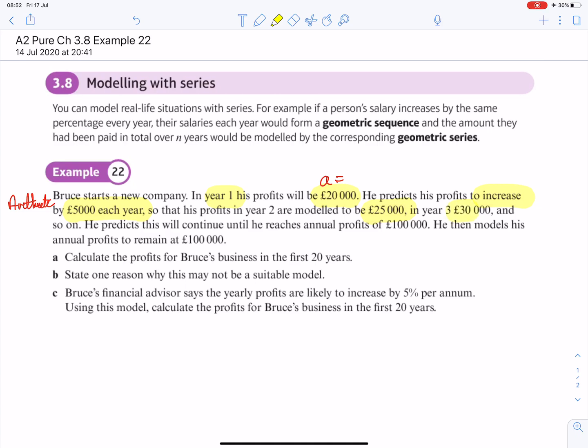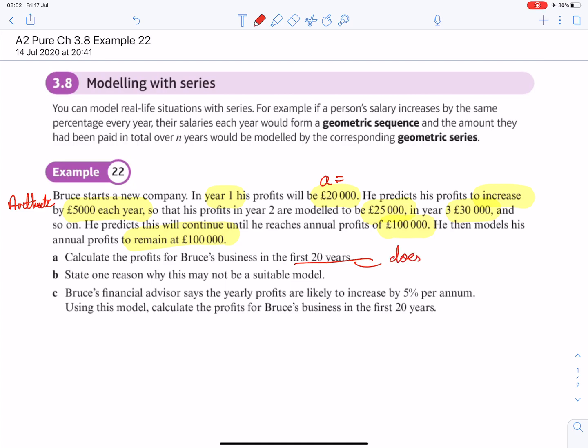In year three, 30,000, another 5,000 in the third year, and so on. He predicts this will continue and he reaches an annual profit of £100,000. He then models his annual profits to remain the same at £100,000. Calculate profits for Bruce's business in the first 20 years.